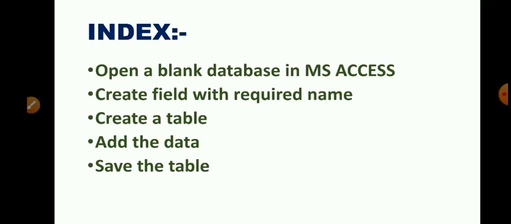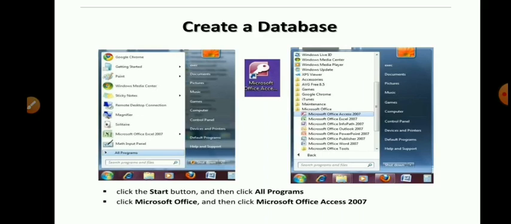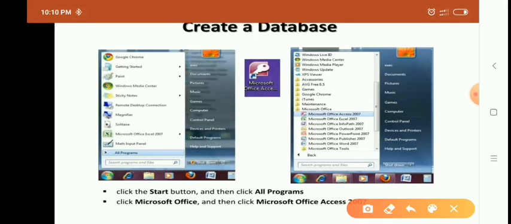When we want to create a database, first of all we have to click on the start button. Then we get the option of all programs. When we click on all programs, we will get these options. Among these options, we have to click on Microsoft Office because we create the database in MS Access.